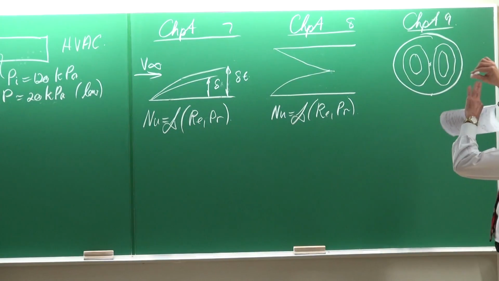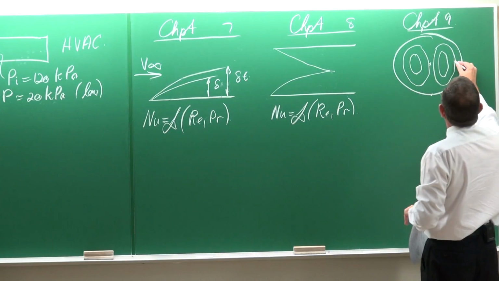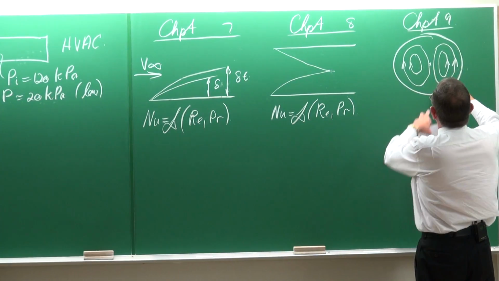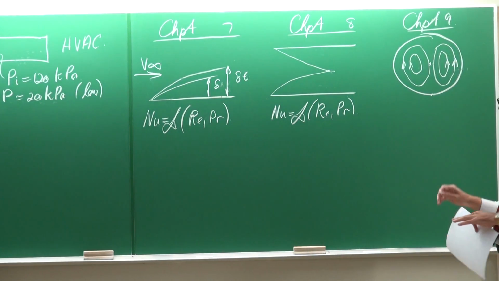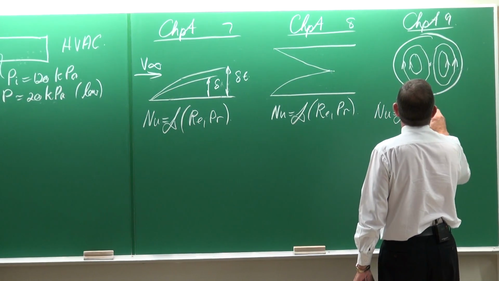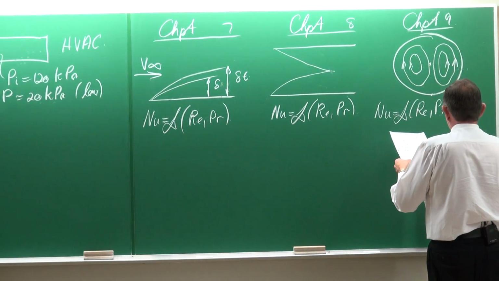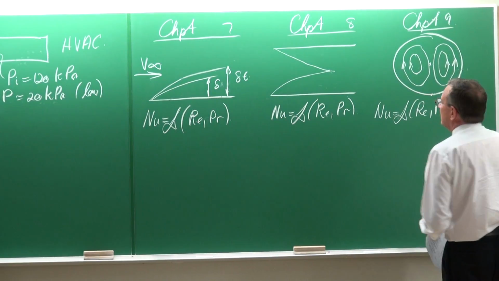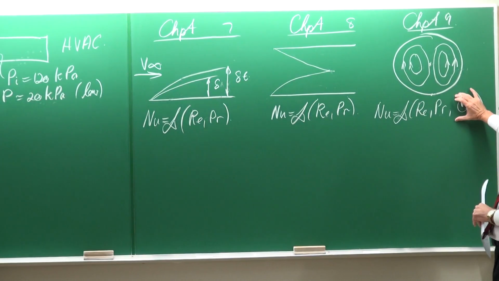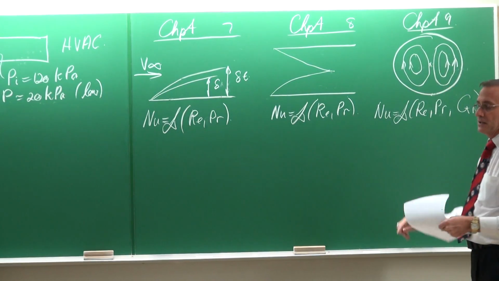So while the flow is flowing in that direction, it will also circulate because of the temperature differences between the wall and the center. And then you're going to see that the Nusselt number is not only a function anymore of the Reynolds number and the Prandtl number, but it is also going to be a function now of the Grashof number. And the Grashof number we will define later on. So the Grashof number takes into consideration the temperature differences between the wall and the mean temperature.